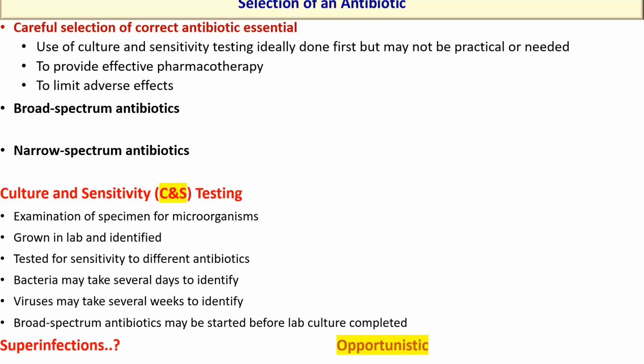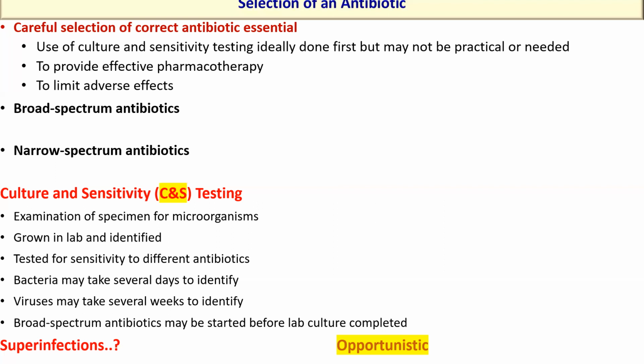The opportunistic infections take advantage of the suppressed immune system. Signs and symptoms include diarrhea, bladder pain, painful urination, and vaginal discharge. So opportunistic infections occur with immunosuppression.